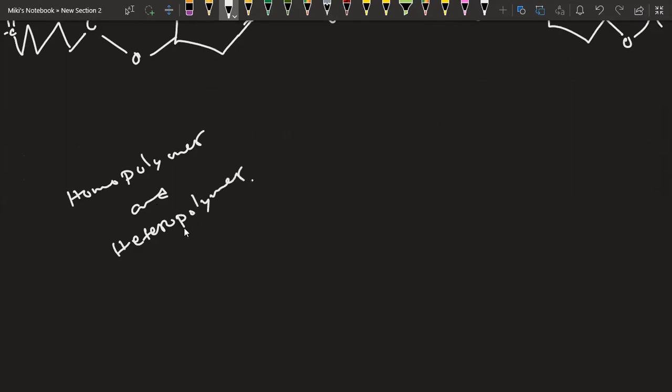Now, what are homopolymers and what are heteropolymers? Homopolymers are those where the monomers are identical, like a single monomer is used. Heteropolymers are those where different monomers could be present. Okay, so let's see.